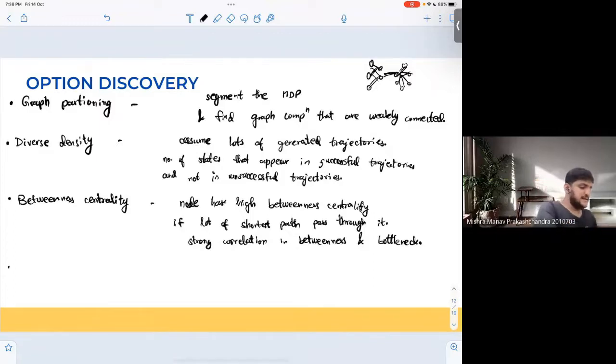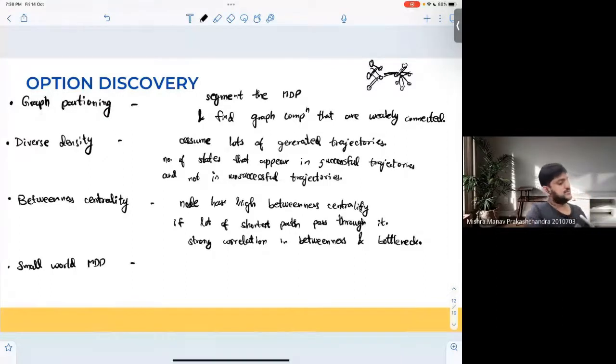And then the last one is the small world MDP setup, right? So here what you're trying to do is convert your MDP into small world MDPs.